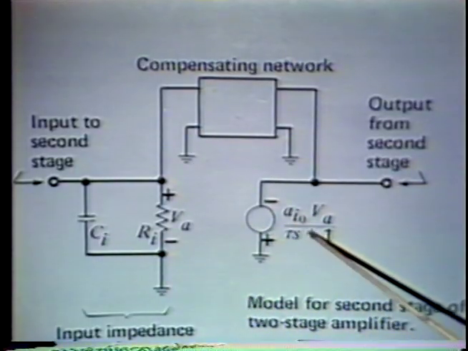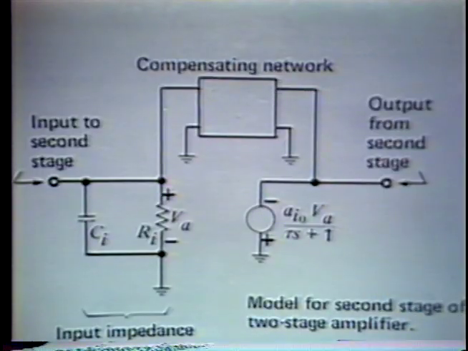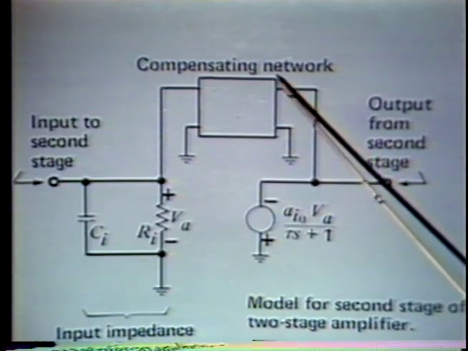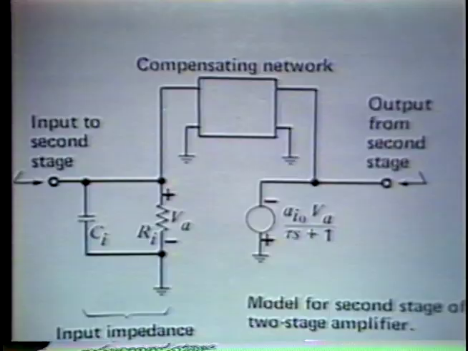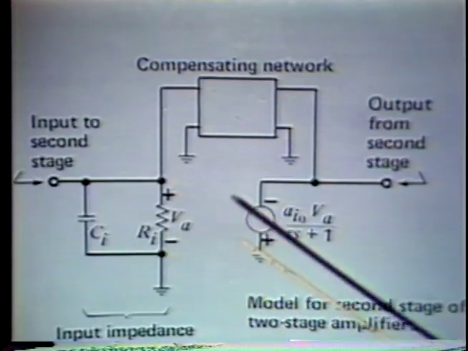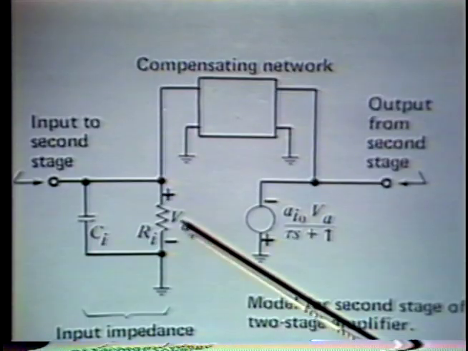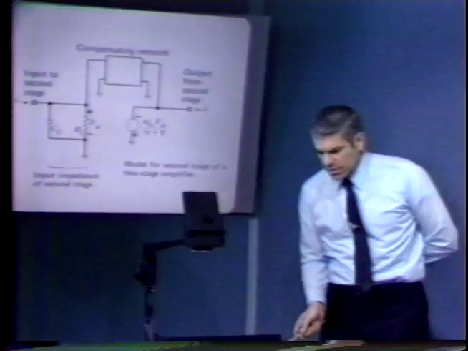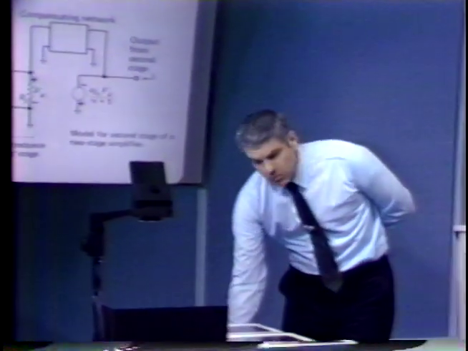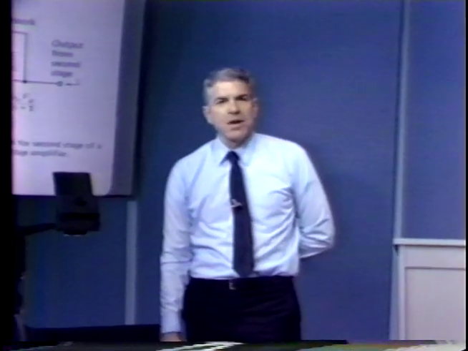We combine that with one additional pole in the open loop transfer function of the second stage, and we find out that we end up with a two-pole roll-off. If that two-pole roll-off is in progress in the vicinity of the minor loop crossover, we can have very low phase margin in the minor loop. And I think that's what gives us the teeth that we see in the transient response. I think that's a sign of impending minor loop instability.